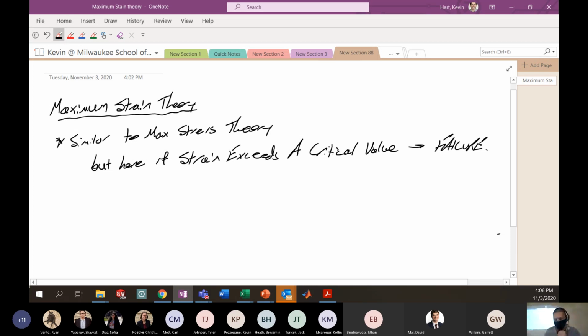So the idea here is more or less the same, that we want to get the strains in those principal material directions and compare the strain that we have in those principal directions to some principal strain that might cause failure.